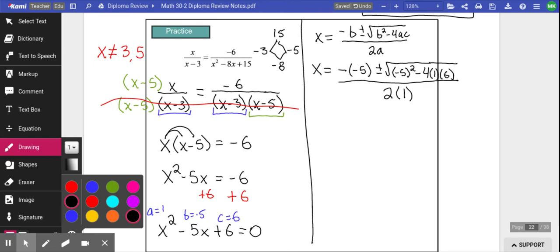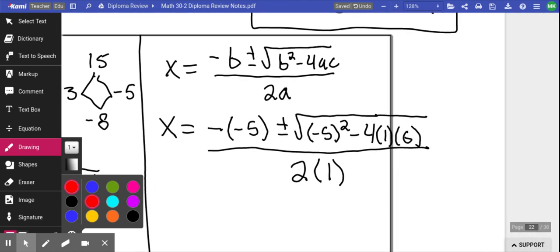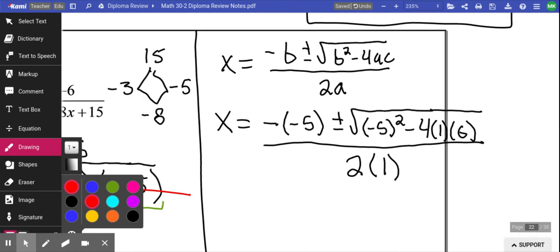I then do some simplifying before I just throw that in my calculator. The first thing that I'm going to focus in on is the negative b. So negative negative 5. If I put that in my calculator, that equals positive 5. I then have plus or minus the square root of. And I put this in my calculator. Negative 5 squared minus 4 times 1 times 6. You have to put brackets around your negative 5 when you square it.